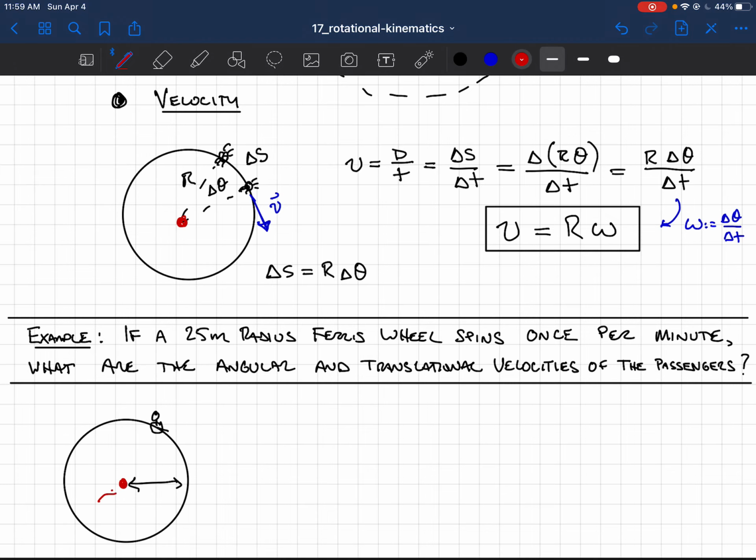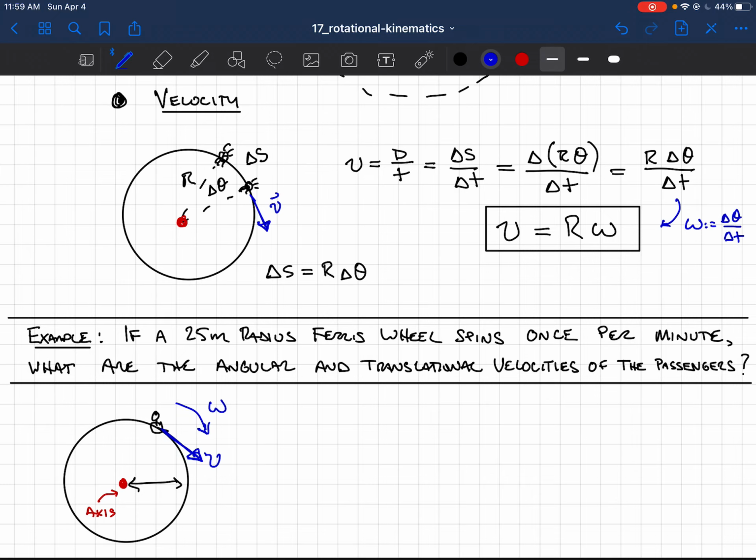This is rotation about this axis here, and therefore I could draw a rotational velocity that looks like this. It's rotating, let's say, clockwise. The translational velocity of the passenger at any moment is tangent to the path. So I just draw a velocity vector that looks like this, v.